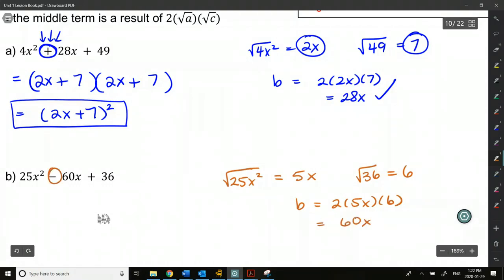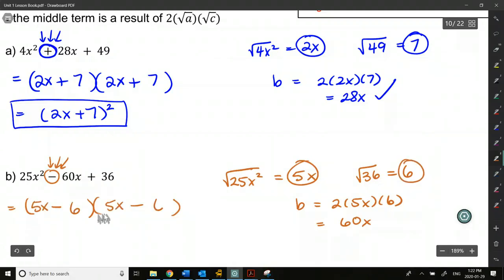The negative just tells us what sign goes in the brackets. So I'm going to get 2 brackets, like difference of squares, but both of them are going to match the term in front of the middle term. So minus and minus. And then you're going to stick these square roots into the brackets. So 5x and 5x, and then 6 and 6. And then you're just going to simplify this to 5x minus 6 squared.